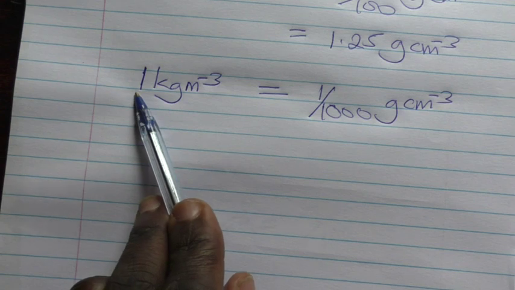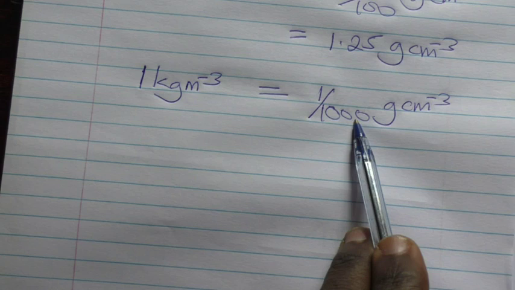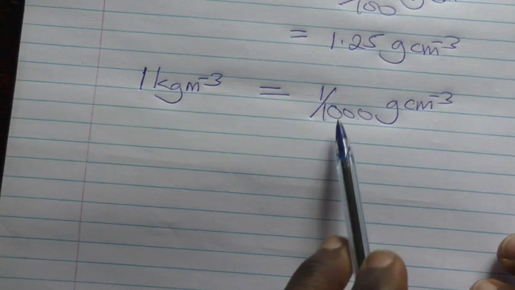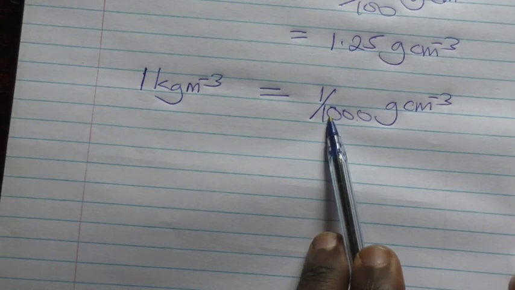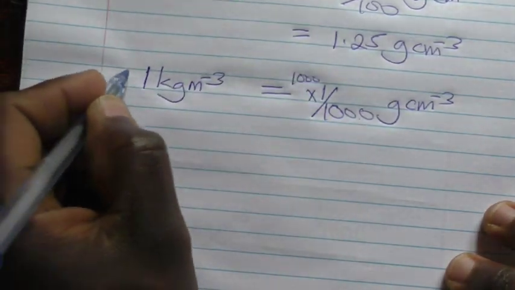Now, what is the equivalence to 1 gram per centimeter cubed? What if we have 1 this side? So let us multiply both sides by 1000.